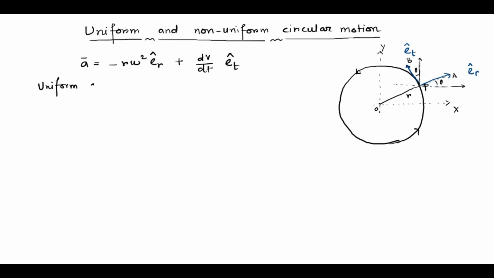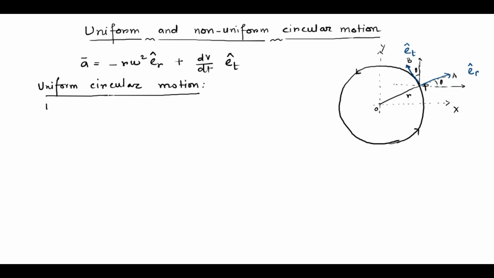So uniform circular motion. For a uniform circular motion, speed is constant.